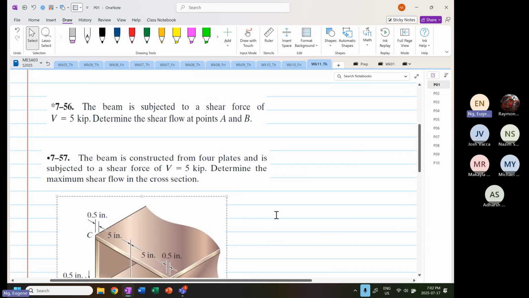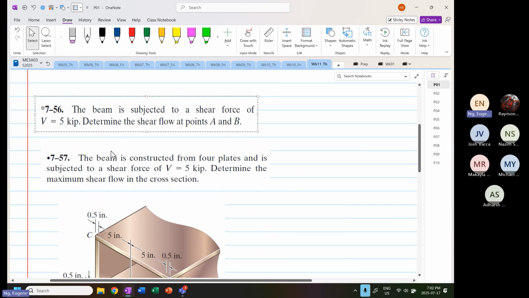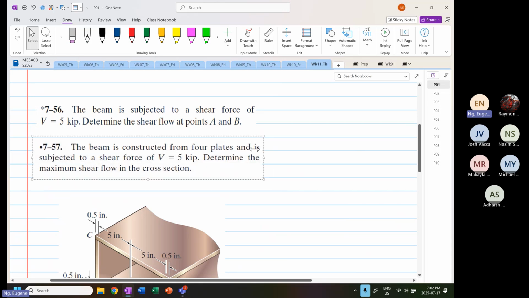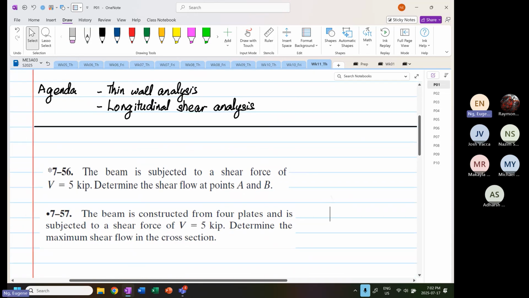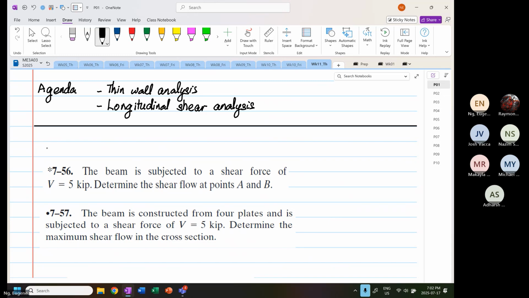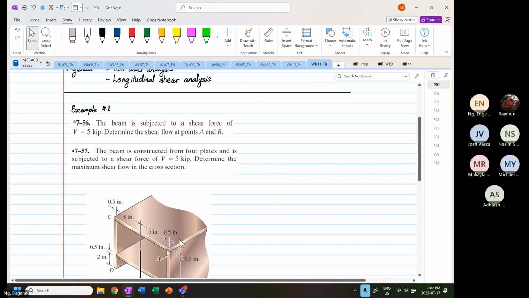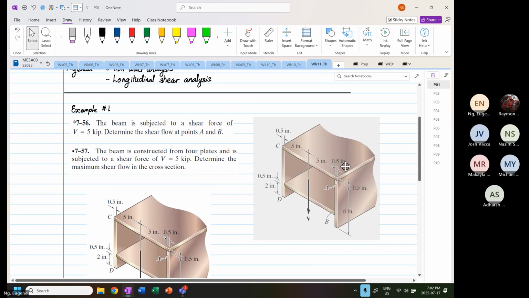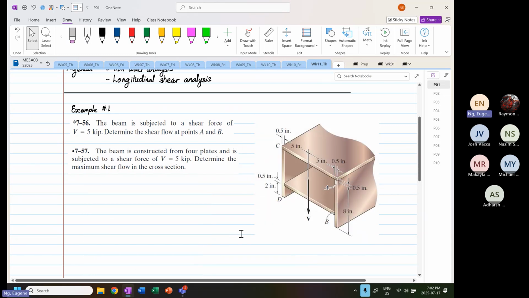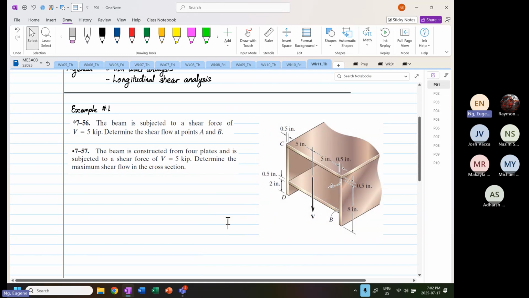Okay, so it's referring to the same structure. This is example number 1. The beam is subjected to a shear force of V equal to 5 kilopound force, vertically.